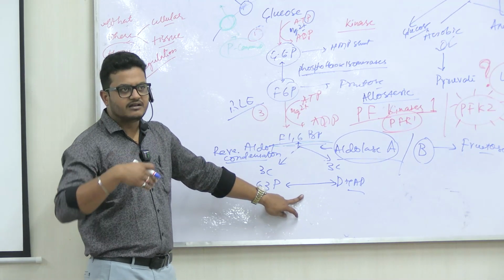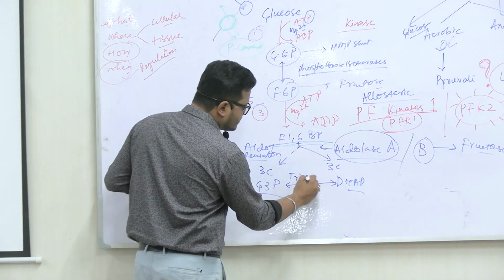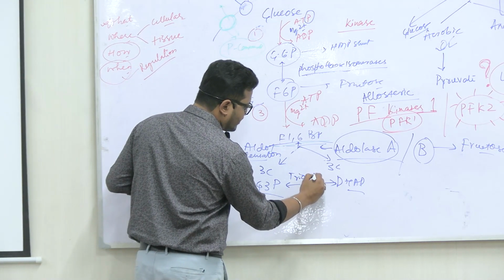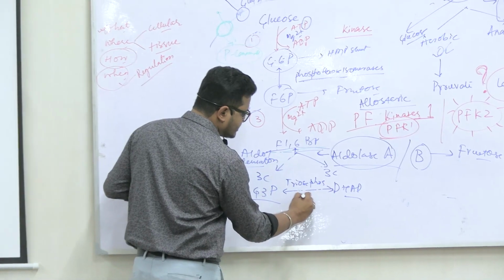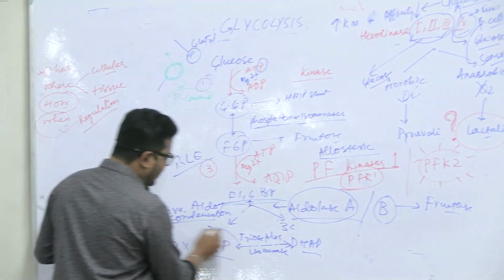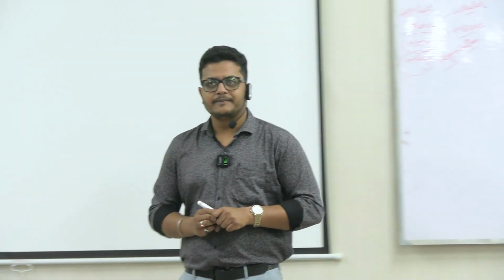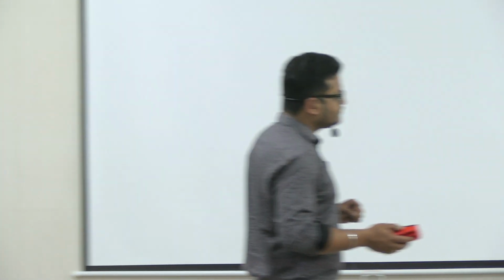Simple. So isomerases. This is called triose phosphate isomerase. So ultimately you are going to get 2 molecules of glyceraldehyde 3-phosphate. Okay? Yes or no? Fine.